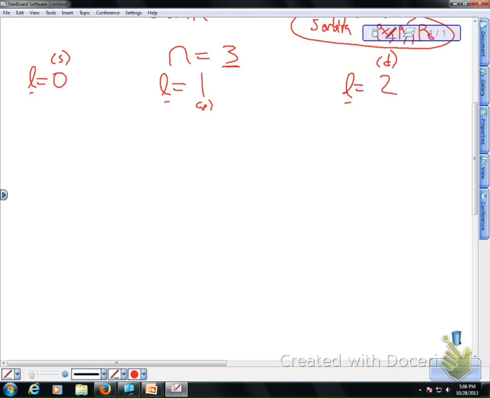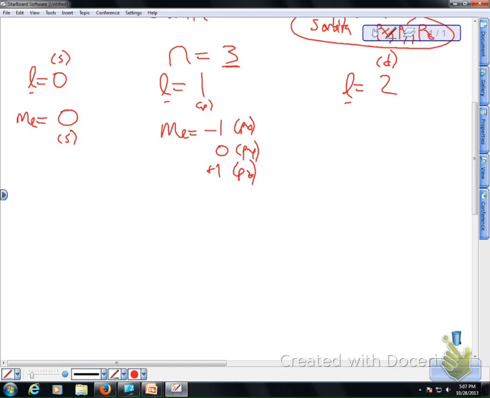Now, for each of these L's, we have some M values. If L equals 0, M can only be 0, and this is, again, the S orbital. If L equals 1, then M sub L can be -1, 0, or +1. Those are the Px, Py, and Pz orbitals in the P subshell.